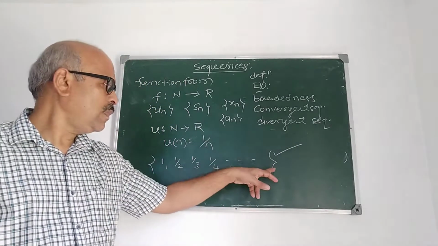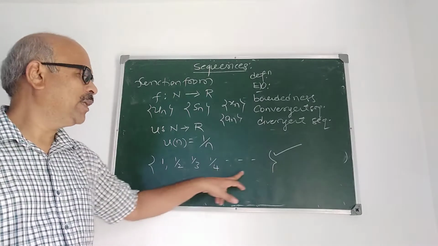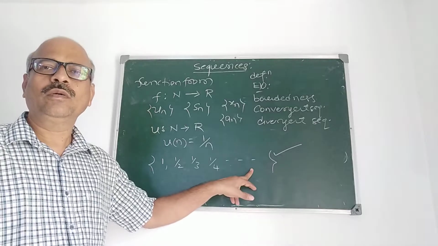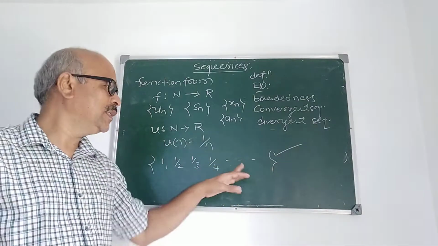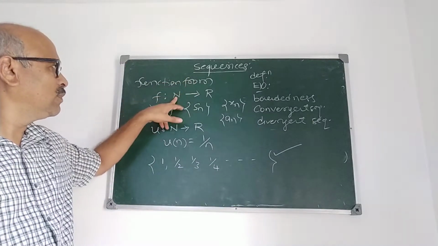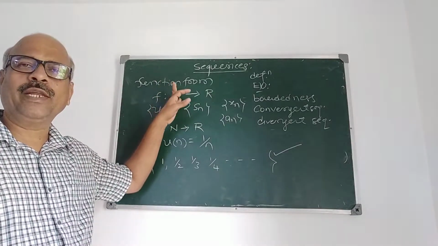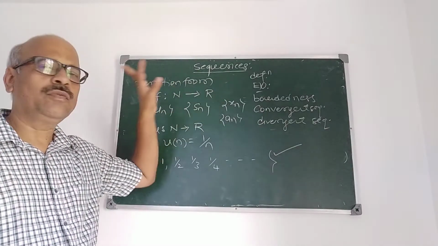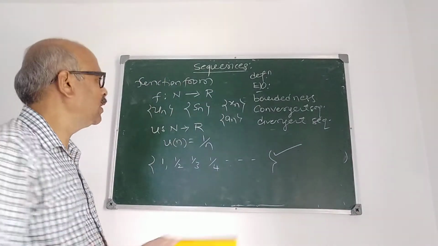In primary schools or high schools you have studied sequences this way, writing a sequence by its images. This is one example. But the definition of a sequence is this: a function from the set of natural numbers to the set of reals. That is the definition. I take some more examples here.